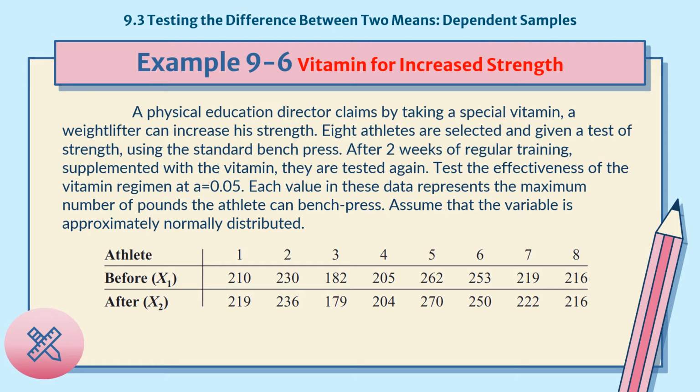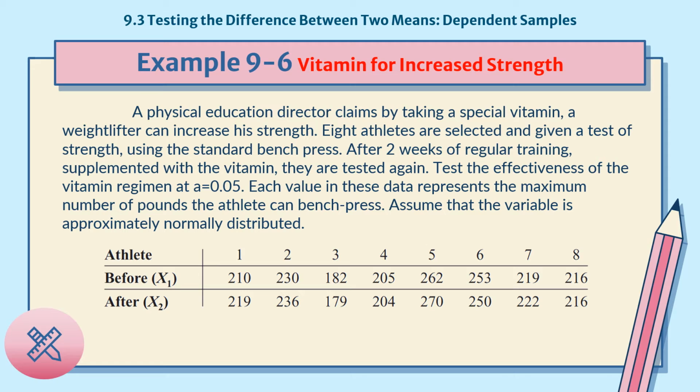After 2 weeks of regular training, supplemented with the vitamin, they are tested again. Test the effectiveness of the vitamin regimen at alpha 0.05. Each value in this data represents the maximum number of pounds the athlete can bench press. Assume that the value is approximately normally distributed.